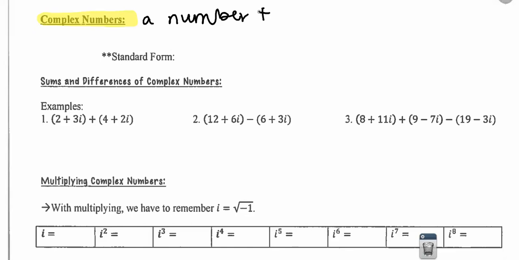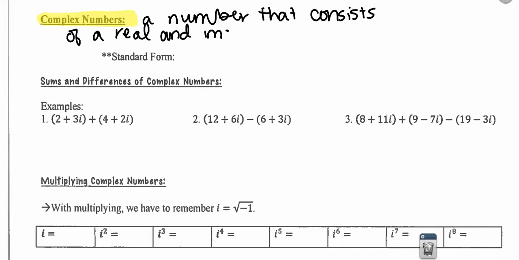that consists of a real and imaginary number.